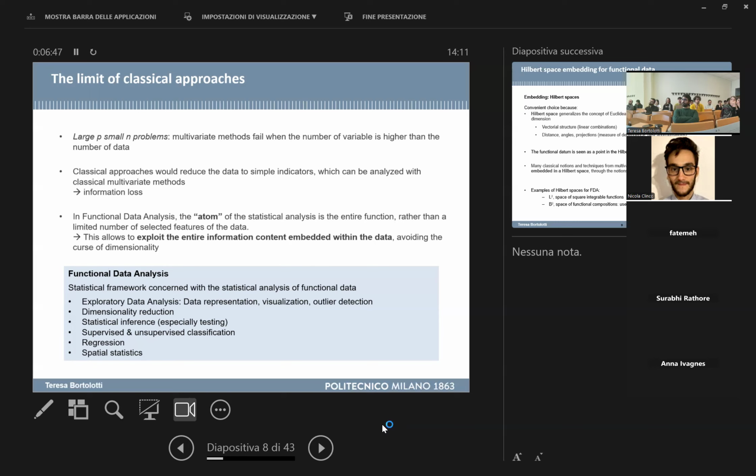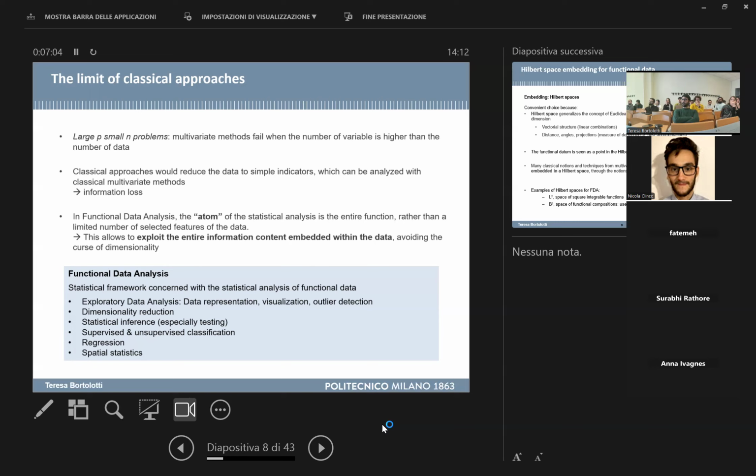So in this context, classical approaches would basically synthesize your functional data, your longitudinal observations, as very few indicators, and then perform the analysis on the indicators, of course, implying a huge loss of information.